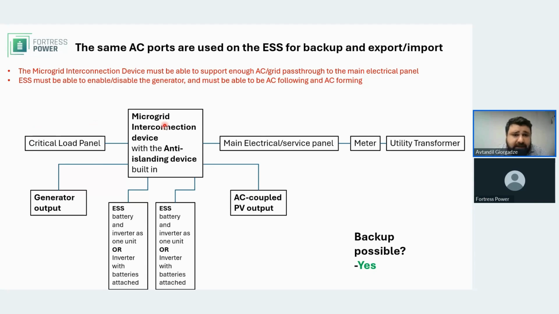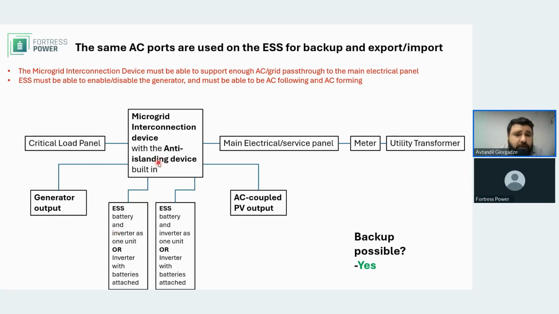And because of that, the anti-islanding device must be somewhere downstream of the main electrical panel. And the most likely place for it is inside the microgrid interconnection device, if you have one. So you have, again, your AC coupled PV, your generator, your batteries and inverters.